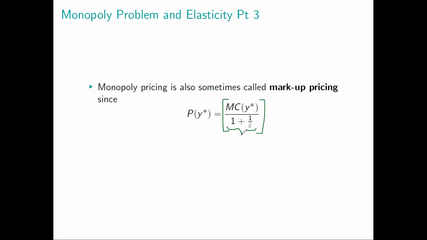And here, if epsilon is less than -1, this is going to be a term that's greater than 0, between 0 and 1, right?